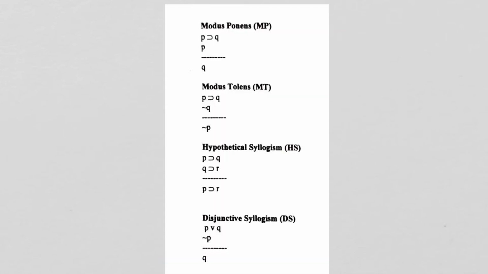Okay, let's do 4 here. So our goal here is if G then E. Okay, so we already know the odds are this is going to be our last step because it's the only one that gives us a conditional. Okay, so first of all, what stands out to me is line 1 and 3.